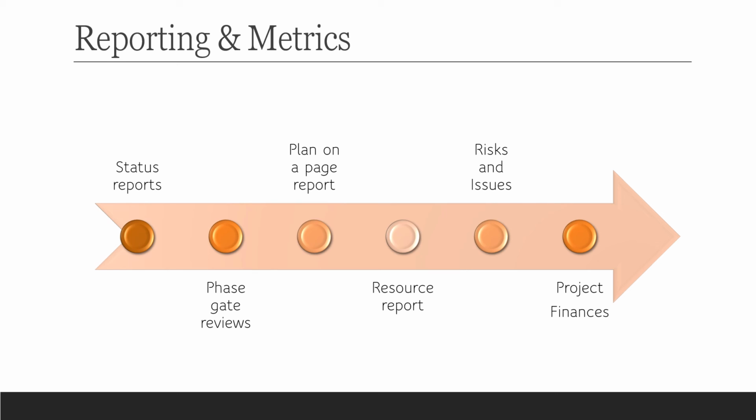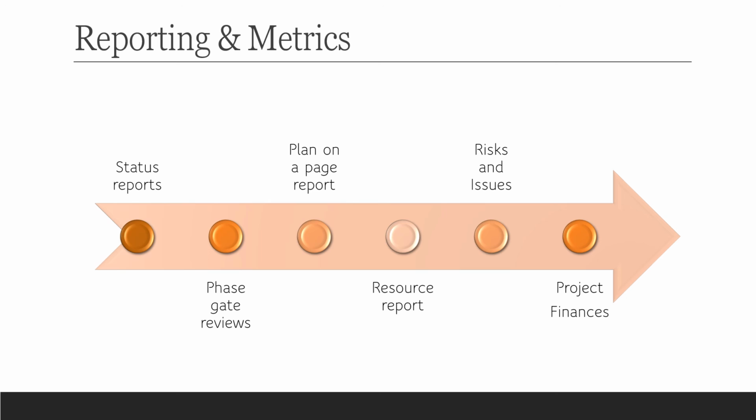Are you forecasting to spend exactly what you have, or do you anticipate needing something else? All of this is rolled up into a project finance report. Project finance is probably not the right phrase used in the project environment. It tends to be project costs or project budget, because project finance actually means something else. Essentially what the report is doing is informing all its audience that this is where we're at. We're either on track or we're off track, and what do we need to do about it?